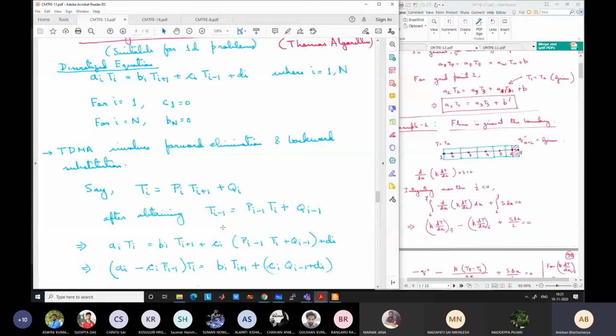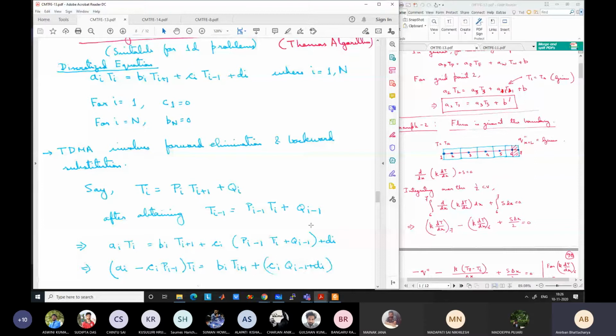Because it is a known equation, I am going to replace the Ti-1 term by this equation: Ti-1 is equal to Pi-1 Ti plus Qi-1. So instead of Ti-1, I write Ci into, within brackets, Pi-1 Ti plus Qi-1. Somehow we have found the values of Pi-1 and Qi-1. We don't know how, but at this point we know their values.